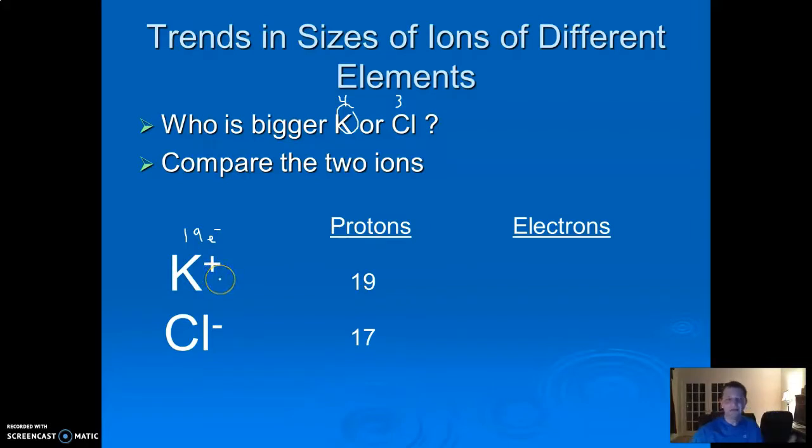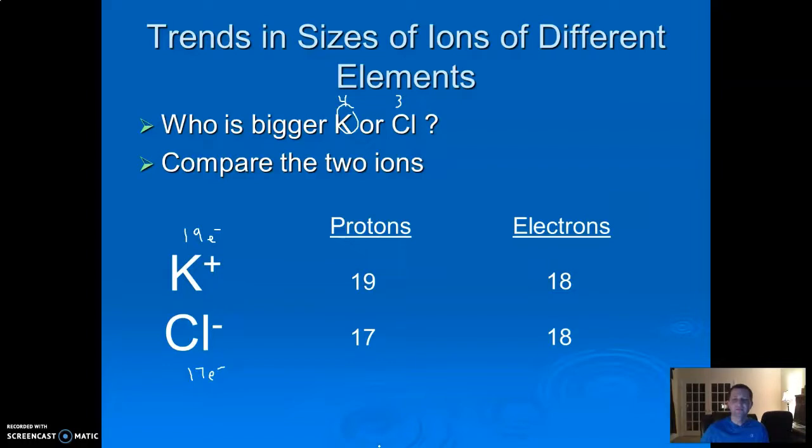So that means it had to lose an electron. So now how many does it have? 18. Look at chlorine. Neutral chlorine had 17 electrons, right? But it's a -1 charge, so it gained an electron. Right? A -1 charge, it's an extra negative, so you gain an electron. This is from last unit.